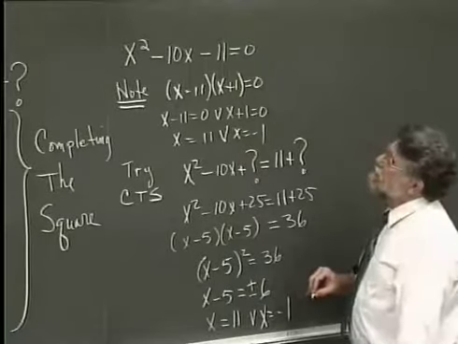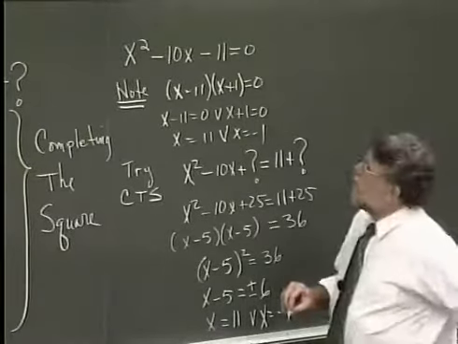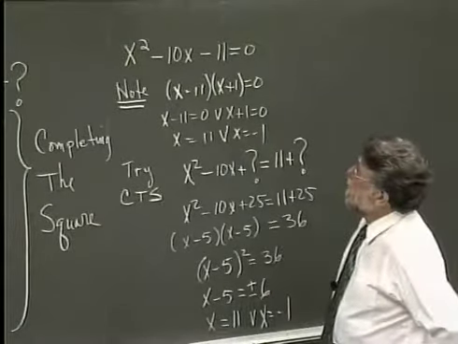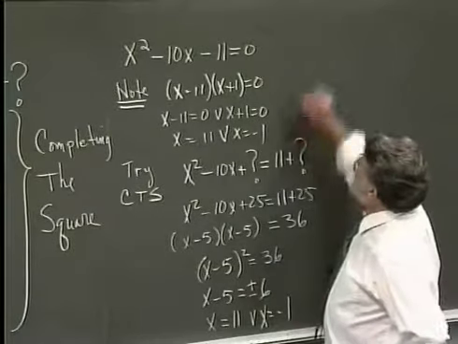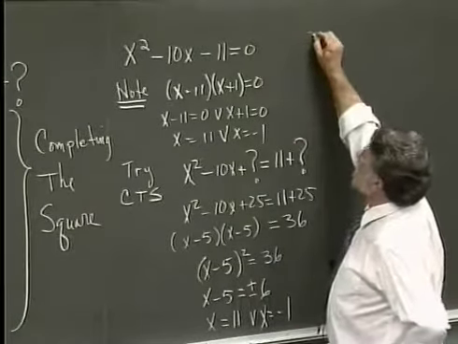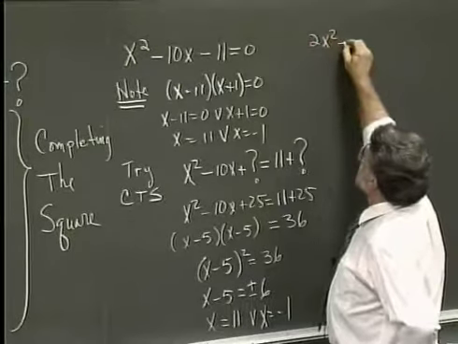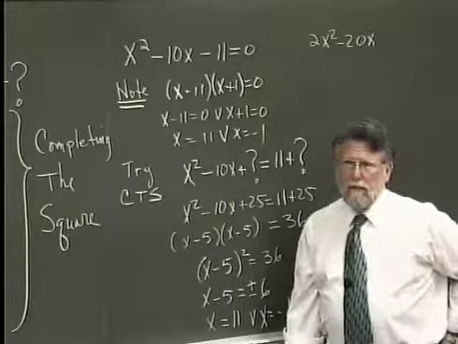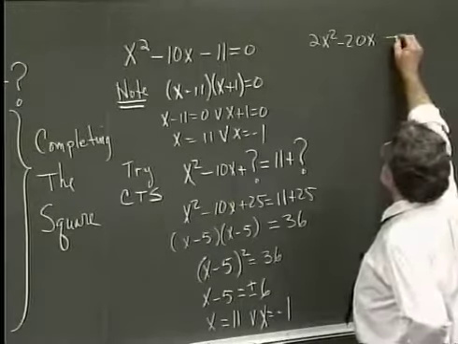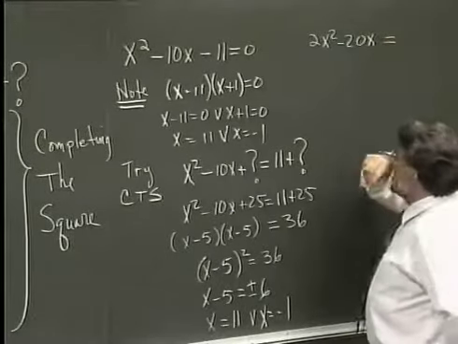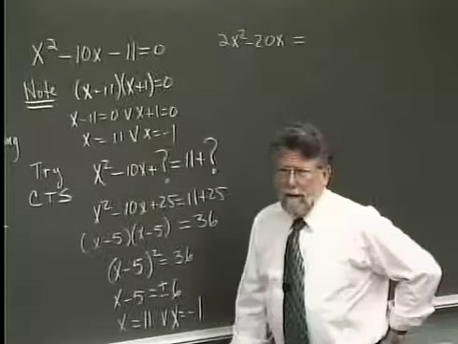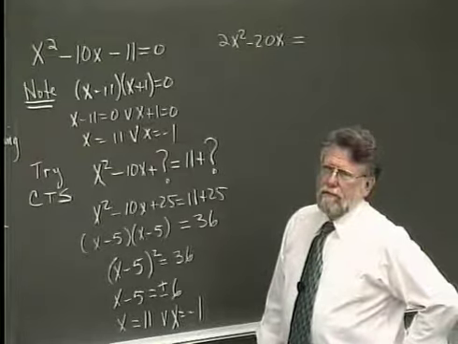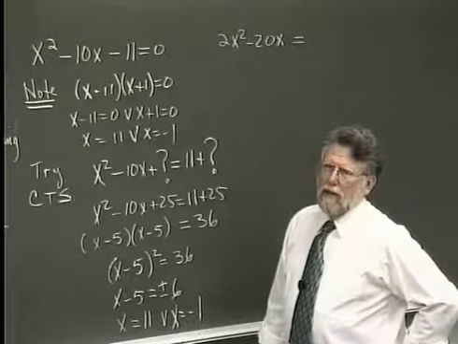Okay. Now, there's another problem I'm going to adjust here a little bit. If I had instead 2x squared minus 20x equals, okay, let me see what I want to do here for a moment. Trying to think what I would like here.